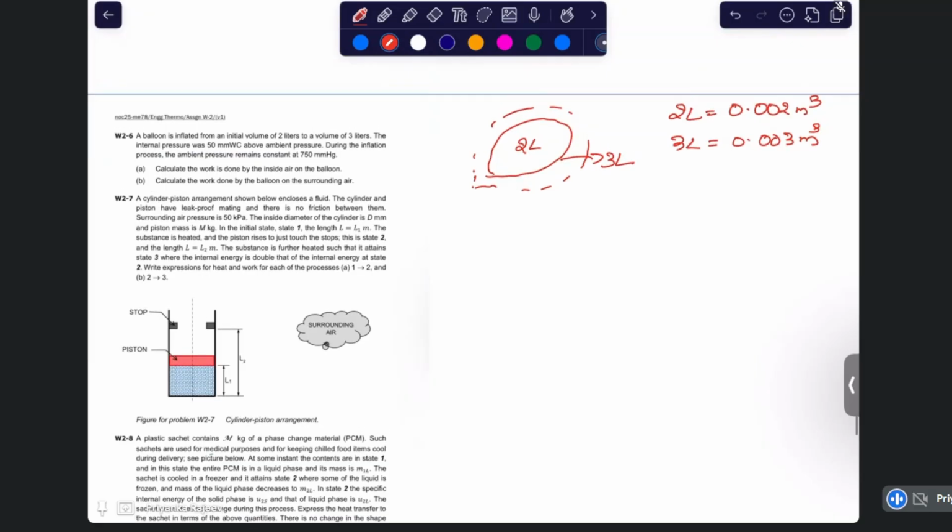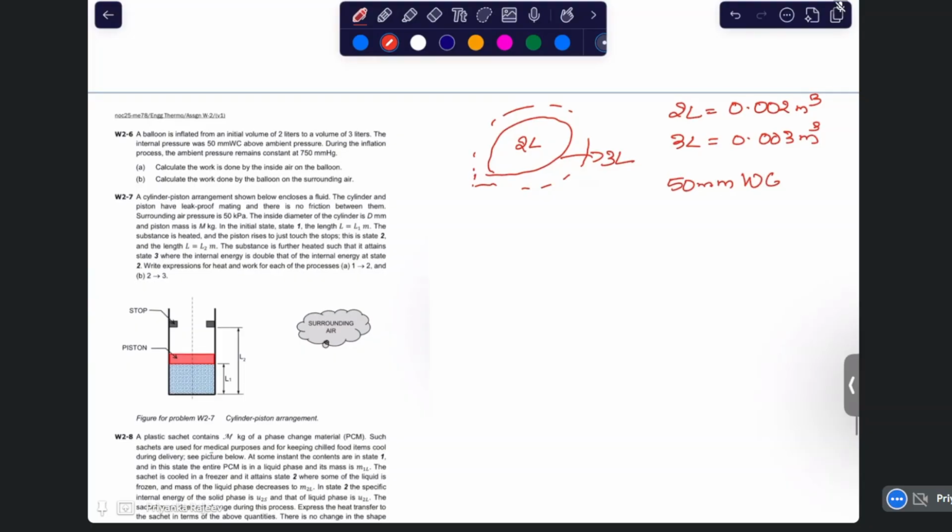Internal pressure, so pressure inside the balloon, was 50 mm of water column, so you have to convert it into Pascal.